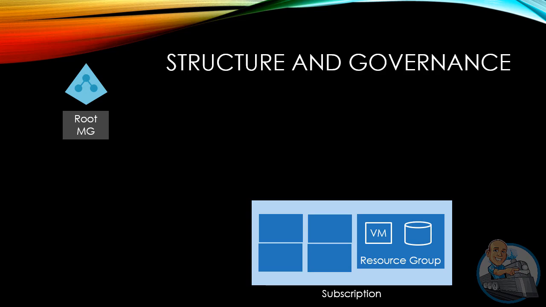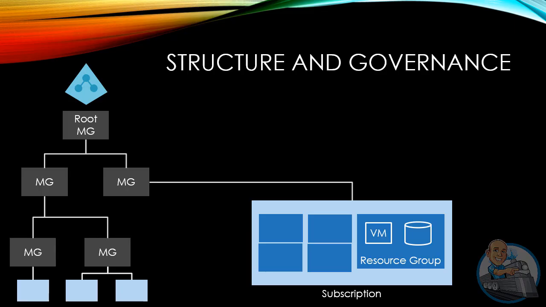When I turn these on, I get a root management group. So that sits directly under my Azure AD tenant. When I activate this, every single subscription that is using my Azure AD will be tied and fall under that root management group. Now, what I can then do, I can create a whole hierarchy up to 6 levels deep of management groups where I can organize my various subscriptions.